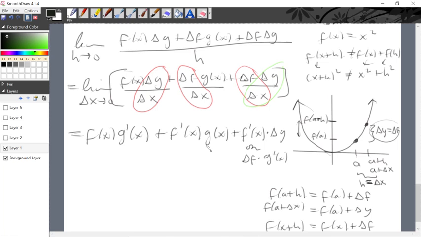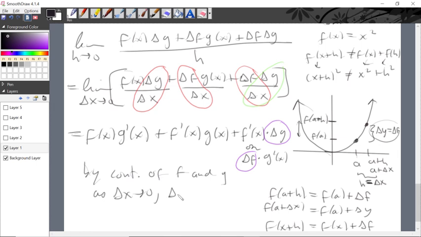In either case, by continuity, what's going to happen? We have a delta g in one case and a delta f in the other case. So by continuity of f and g, as delta x goes to 0, it must be that delta f goes to 0 and delta g goes to 0.